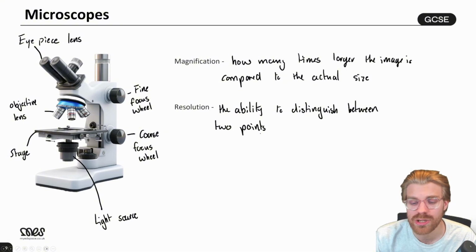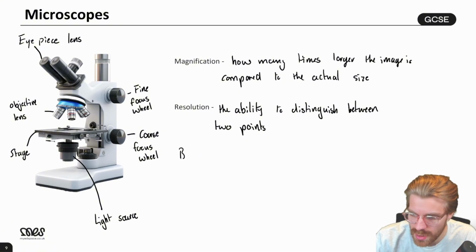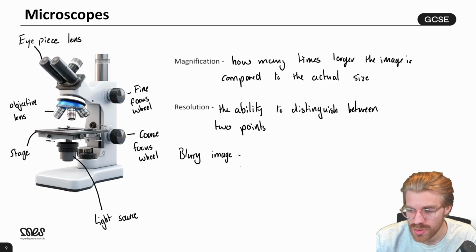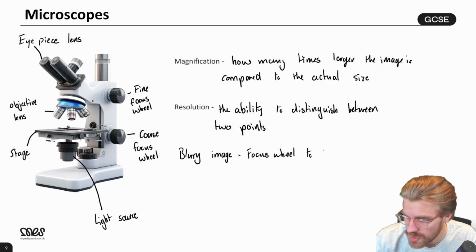So how do we correct the images produced by a microscope? What if we have a blurry image? Well, a blurry image is because it is out of focus. So the blurry image, we need to use the focus wheels. We use the focus wheels to focus the image.